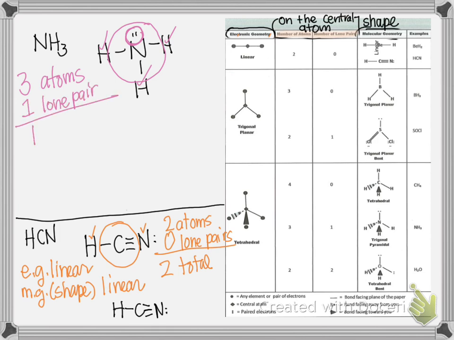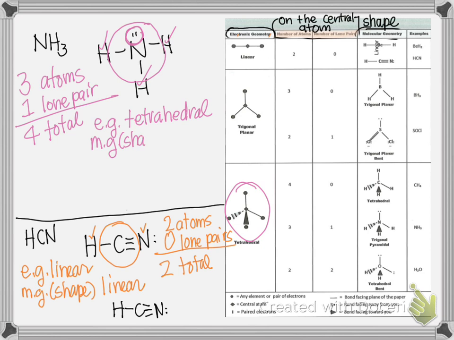So this is an example of 4 total groups around the center atom, and 4 total groups always have an electronic geometry of tetrahedral. Now, tetrahedral can form different shapes depending on how many lone pairs there are. So this is a 3, 1, so that would be trigonal pyramidal for the shape.